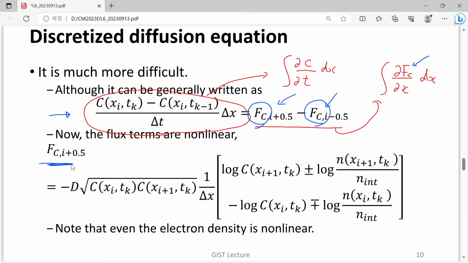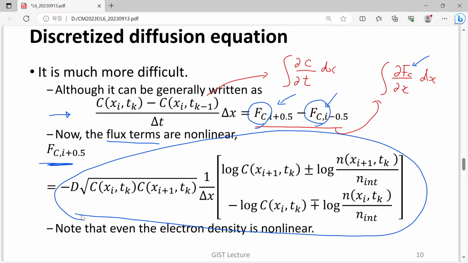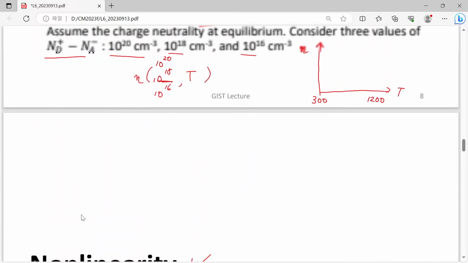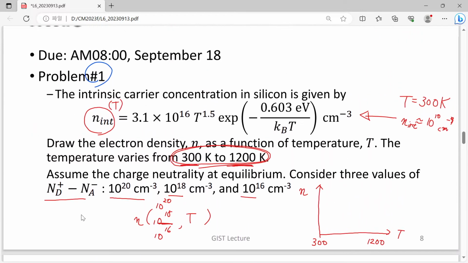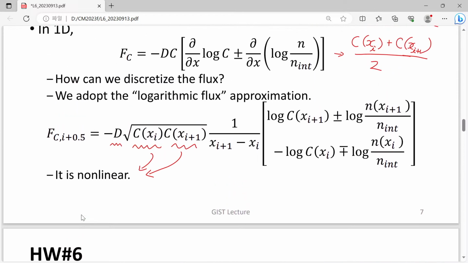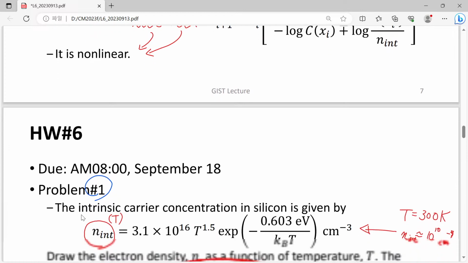Previously we had a simple form, and now we believe that when we consider the drift effect, then flux terms can be written in this form. This is just a copy and pasted version of our previous flux. Okay, so looks good.